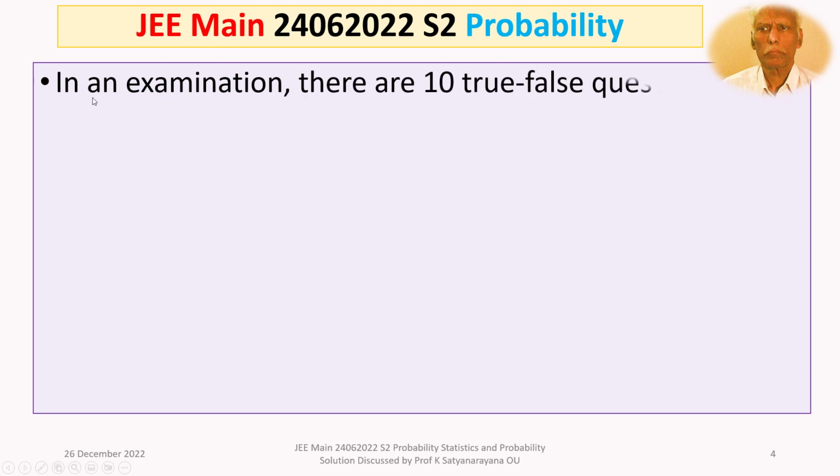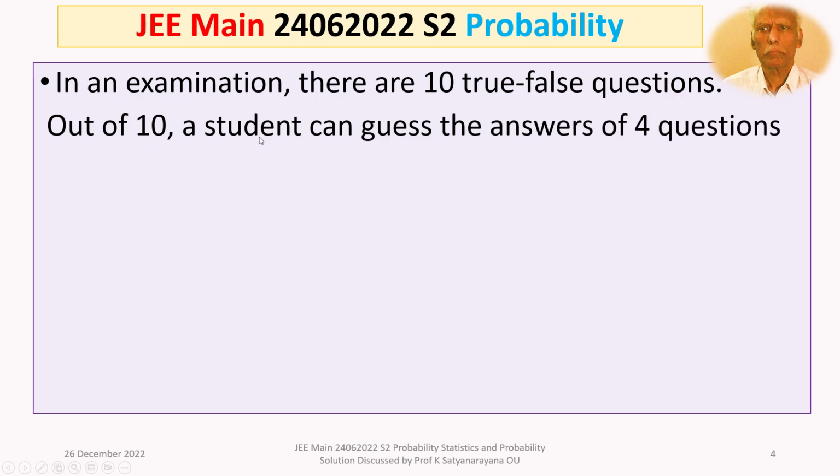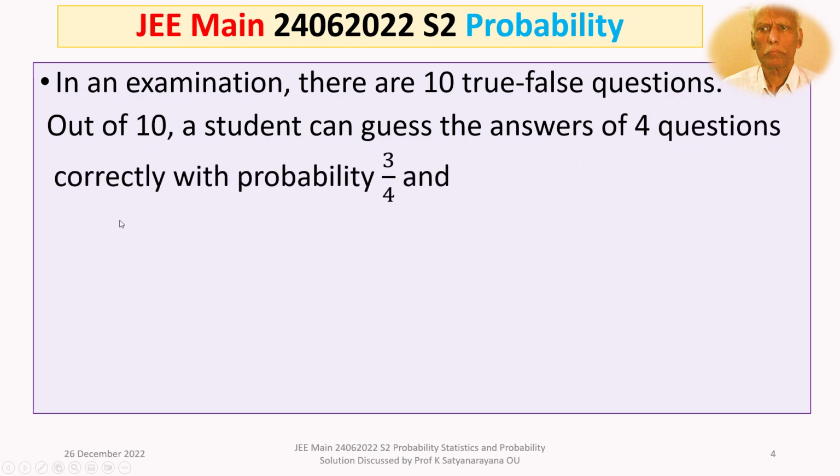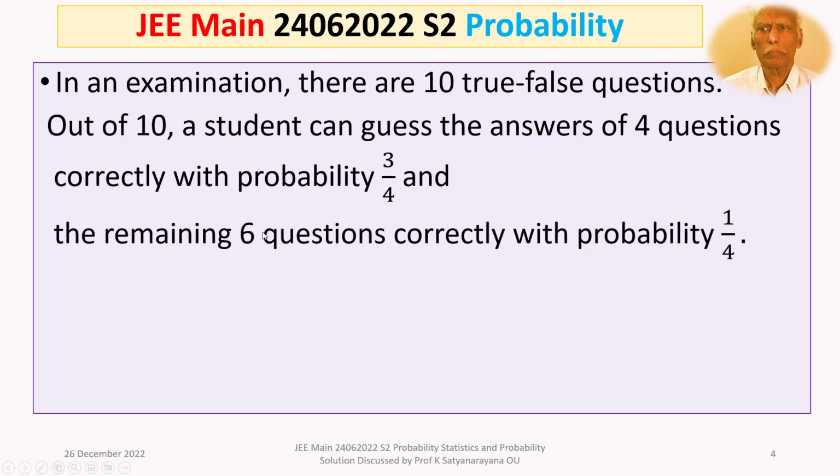The given problem is: in an examination, there are 10 true or false questions. Out of 10, a student can guess the answers of 4 questions correctly with the probability 3/4, and the remaining 6 questions correctly with probability 1/4.